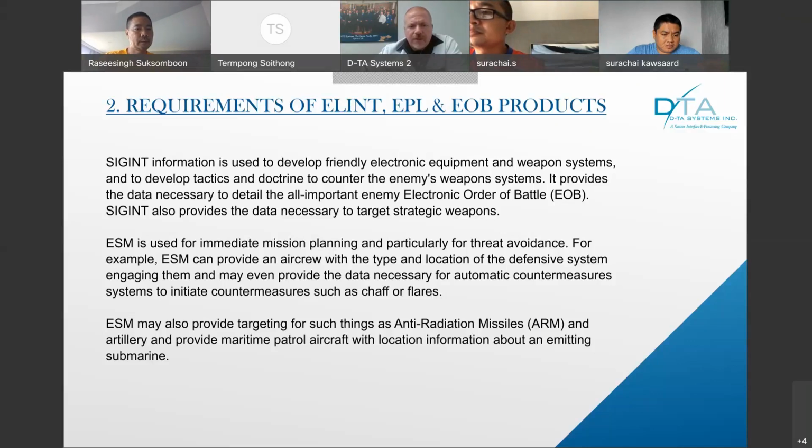ESM is used for immediate mission planning and particularly for threat avoidance. For example, ESM can provide an aircrew with the type and location of the defensive systems engaging them, and may even provide them the data necessary for automatic countermeasures systems to initiate countermeasures such as chaff or flares.